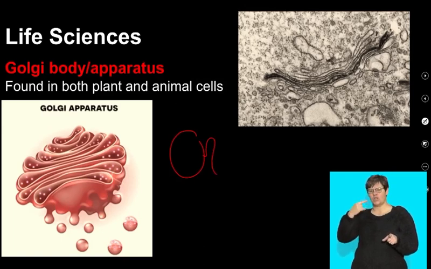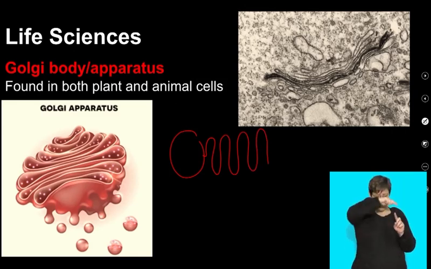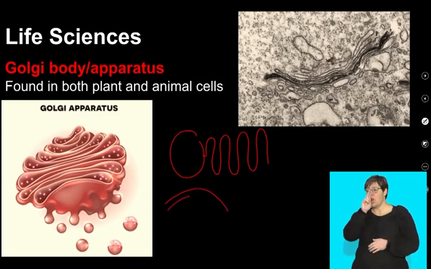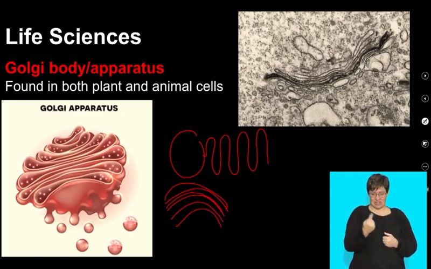I want you to have a look. The endoplasmic reticulum forms one continuous passageway. The Golgi body, I say to my kids, looks like a stack of pancakes, one on top of each other. And each one is a separate pancake. The only thing, one pancake doesn't lead into another.